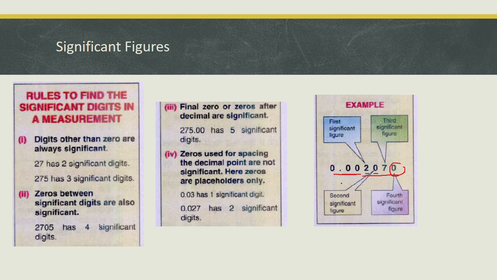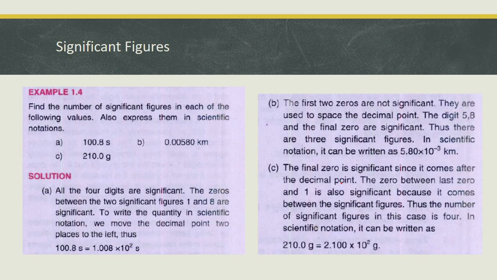Now let's see example 1.4, which is given in your book. Find the number of significant figures in each of the following. So 1.008. You see it has 4 significant figures. Why? Because these two zeros are between two non-zero numbers. So all 4 digits are significant.